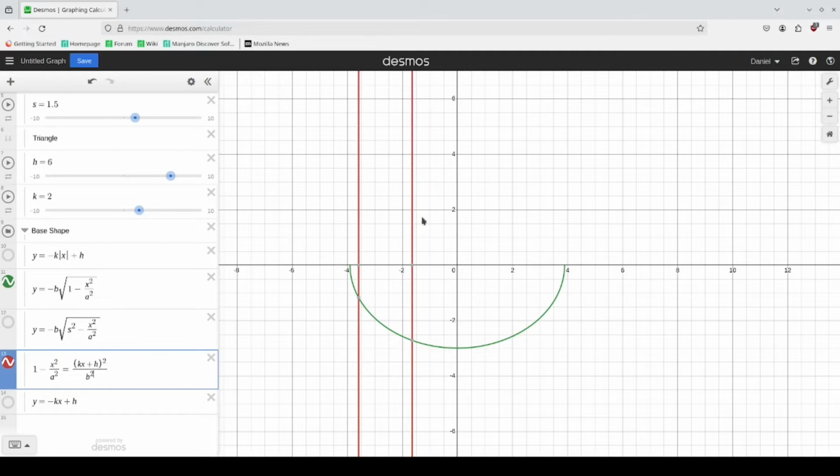Notice that an extra line did appear, and that's because when we take a square root, we do get two solutions in most cases, and so that's why this second solution, the one that we weren't actually pursuing, did appear. That is okay.